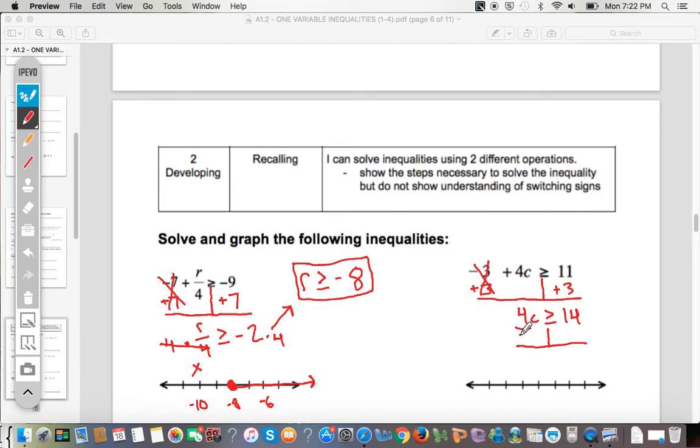I'll divide by 4 to get this c by itself because they're being multiplied. So I'm left with c is greater than or equal to 14 over 4. I'll leave that as an improper fraction, but I'll simplify it. So 14 and 4 are both divisible by 2, so I'll leave this as 7 over 2.